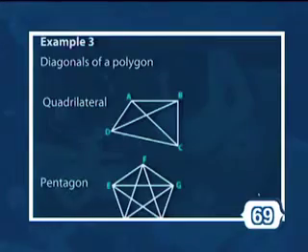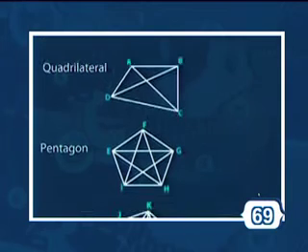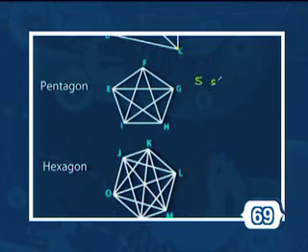Let's look at the diagonals of a polygon. In a quadrilateral, which is your 4-sided shape, you have 2 diagonals. Remember, a diagonal is drawn from the vertex of one side to the vertex of the opposite side. In a pentagon, which is a 5-sided shape, we get 5 diagonals.